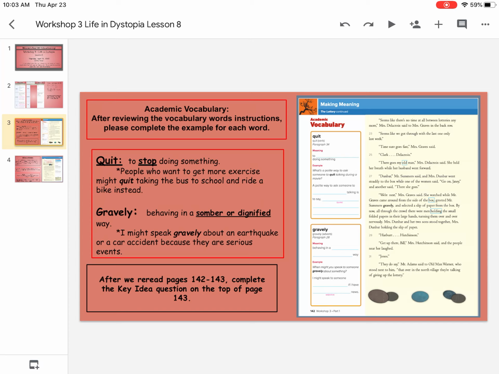So it's really going to say how somebody's doing something. So in this case, gravely means to behave or act in a somber or dignified way. Now, somber is another word for being very serious. So again, that tone is going to be very dignified, very somber.